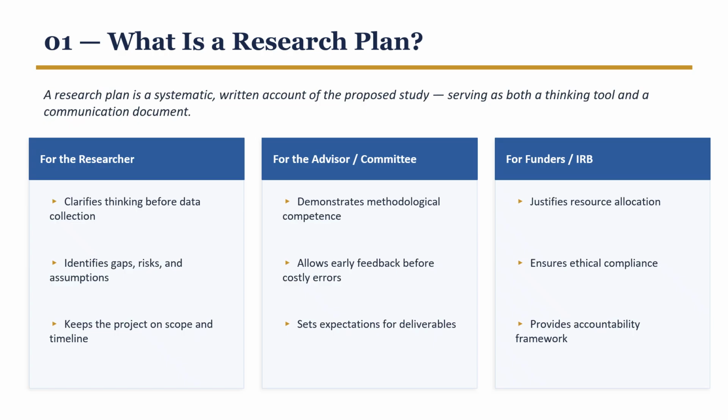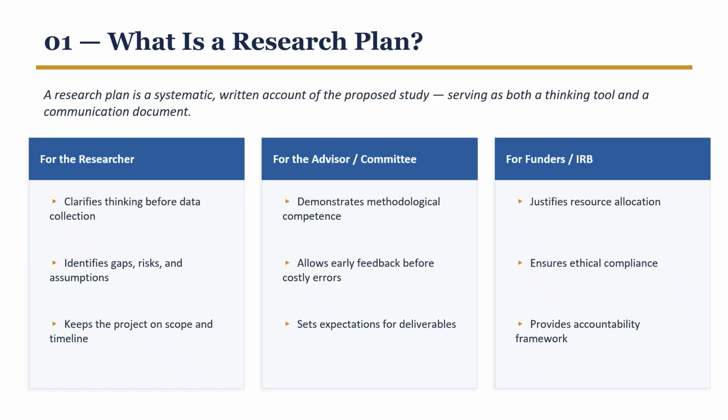The research plan also gives you feedback early on, before you collect the data, so that you don't do it wrong and then can't use your data. And it allows you to set expectations for what you're going to deliver, maybe a curriculum at the end, or a paper, or a dissertation.